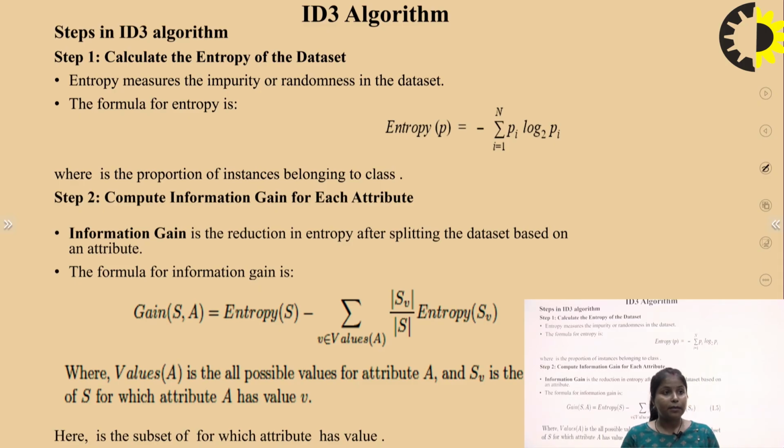Now the second step: we compute the information gain for each attribute. So what is information gain? Information gain is the reduction in the entropy after splitting the data set based on an attribute.